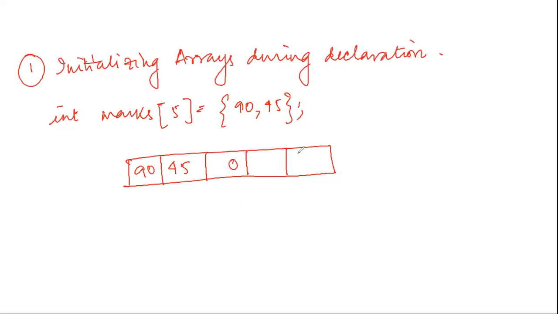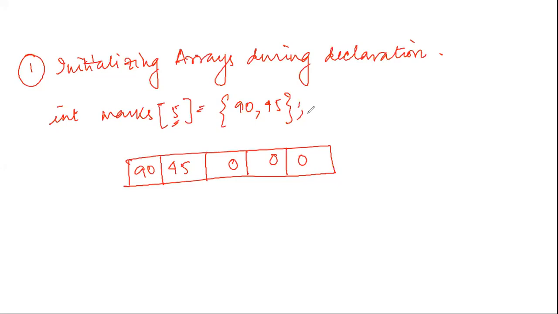So this is also one type of declaration. That means here what you write is the maximum size of the array, but it is not necessary that you enter 5 elements only. If your program demands lesser elements, you can do that, but you cannot overrun. You cannot enter 6 elements, but from 1 to 5 you can, and the rest of the spaces will automatically be filled with zeros.